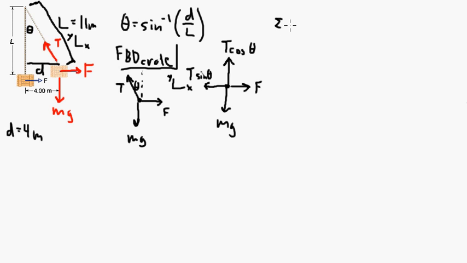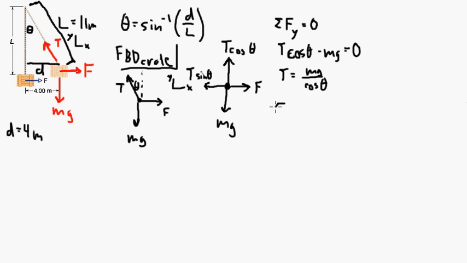Sum of forces: remember it's motionless at the end, so it's not accelerating, so all these things have to balance out. Sum of forces in the y direction equals 0, which means T cosine theta minus mg equals 0, so T equals mg over cosine theta.